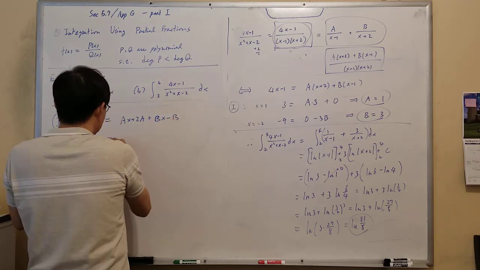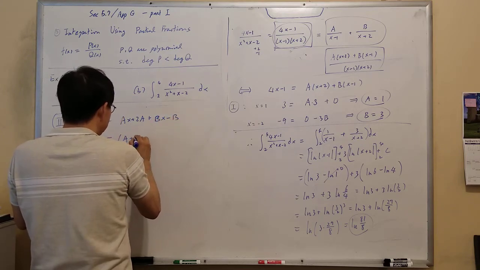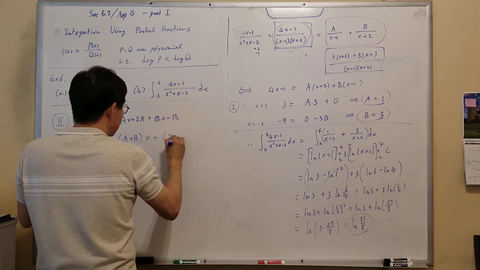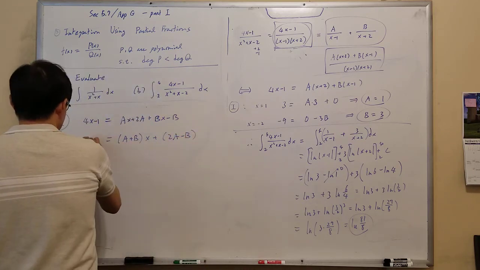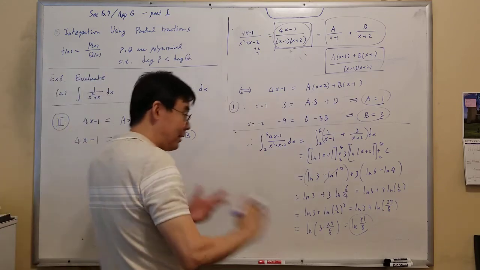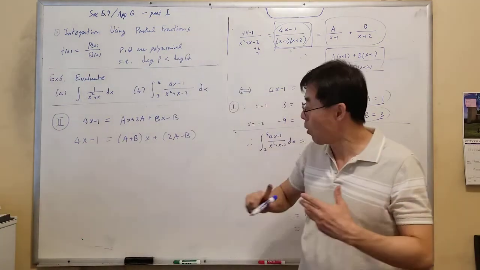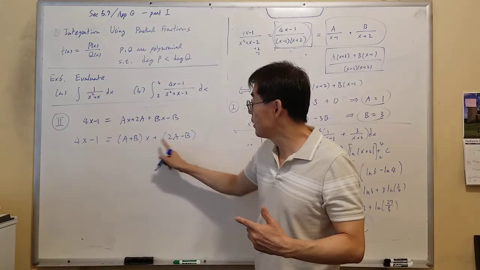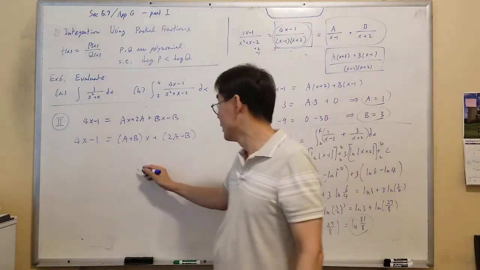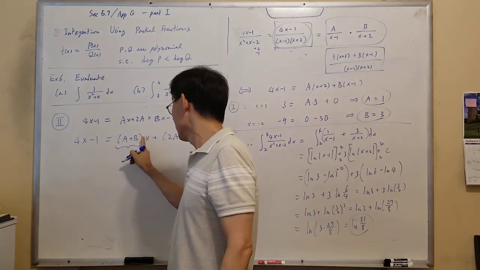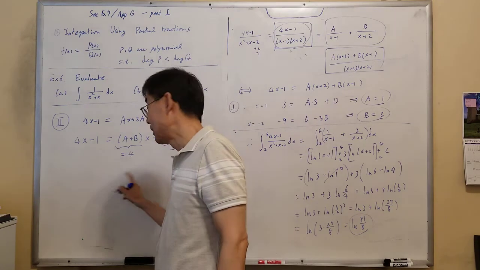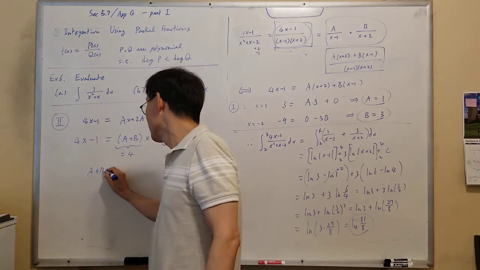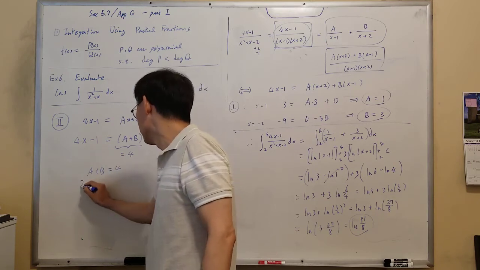So I can write it as a plus b times x, plus 2a minus b. We're saying that these two must be identical because they are true for all x. For this to be identical with this, this must be 4, and this must be negative 1. So you have to solve this system of equations.